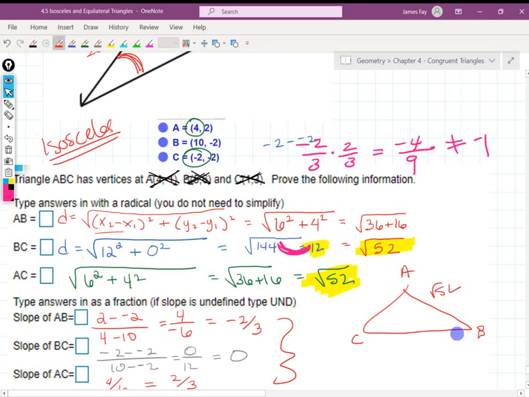We said BC was 12, and AC was radical 52. So does that tell you that this side here and that side there are the congruent sides? Does that automatically tell you that B and C are the congruent angles?